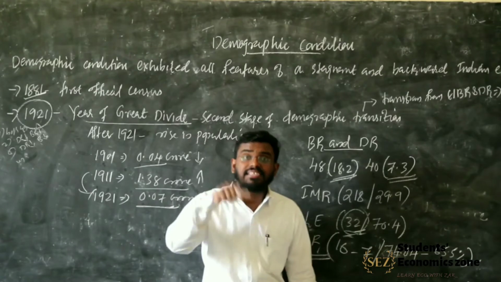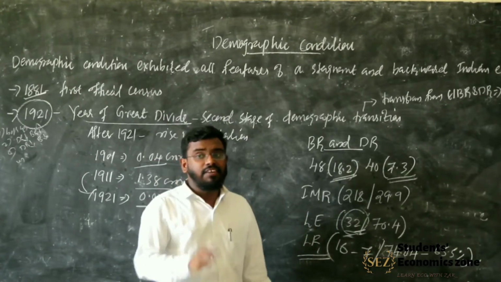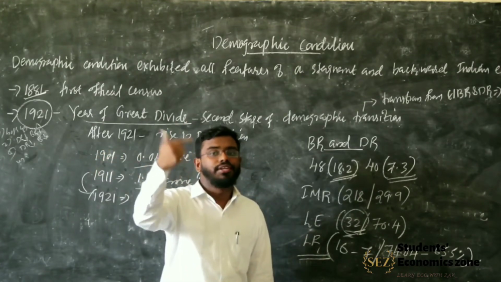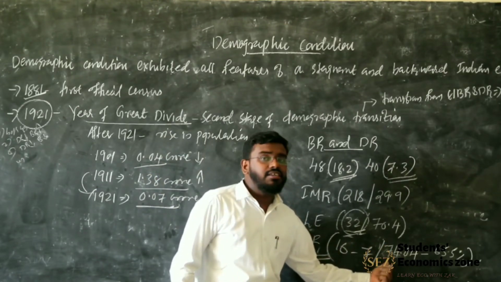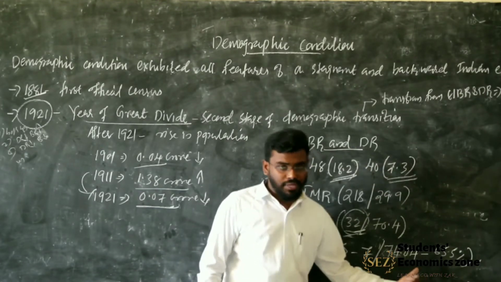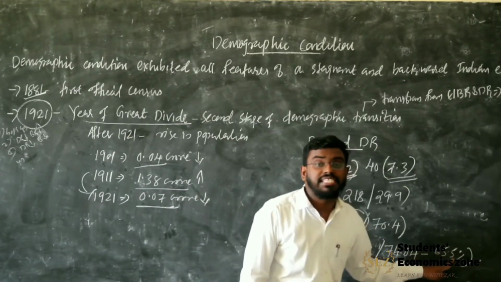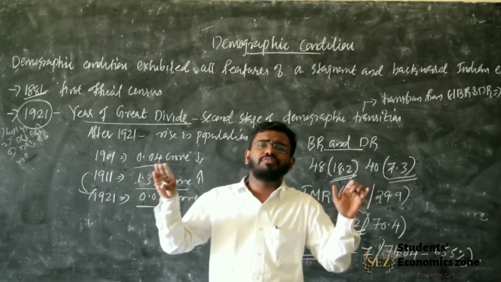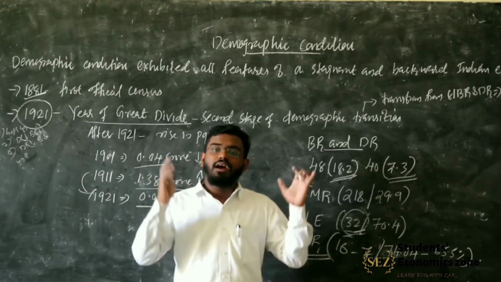And in the present situation, as per the 2011 census, which was the last census, and the next census will be conducted in 2021, our literacy rate became 74.04%, whereas female literacy is 65.5%. As a result of continuous effort for the development of education, our literacy became very high.